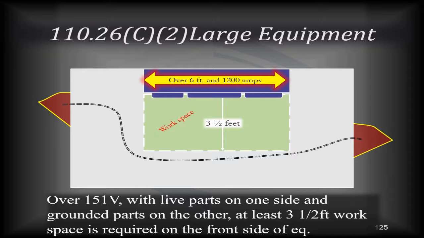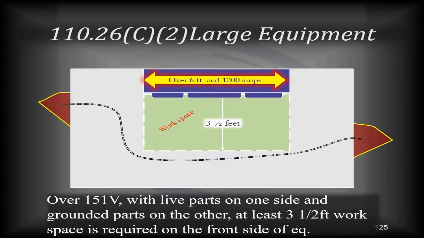110.26(C)(2) deals with large equipment. If it's over 600 volts with live parts on one side and grounded parts on the other, you've got to have at least 3.5 feet of workspace on the front side of the equipment. We talked about that already.